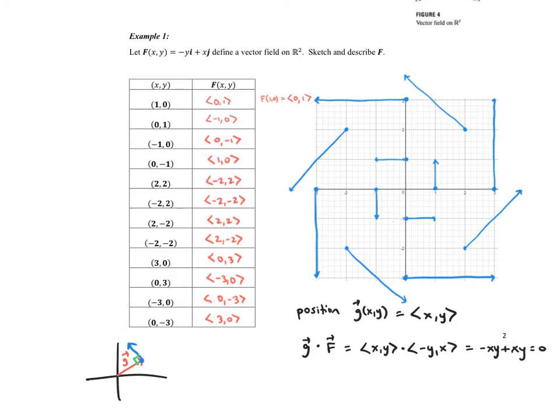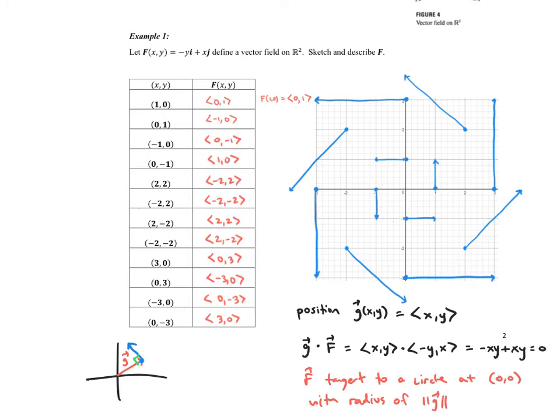So f is tangent to a circle at the origin, so 0, 0, with a radius of the magnitude of g.